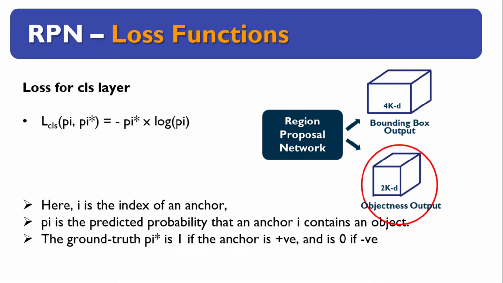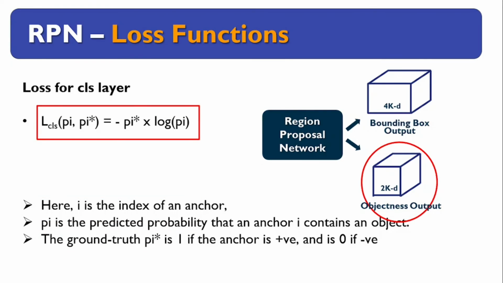The expression for the loss function is as shown here, where i is the index of an anchor and p_i is the predicted probability that anchor i contains an object, and p_i star is the ground truth, which is 1 if the anchor is positive and 0 if it is negative. This is basically a log loss or a cross entropy loss over two classes.